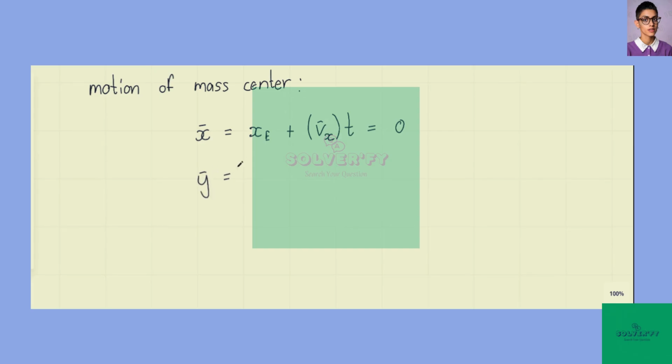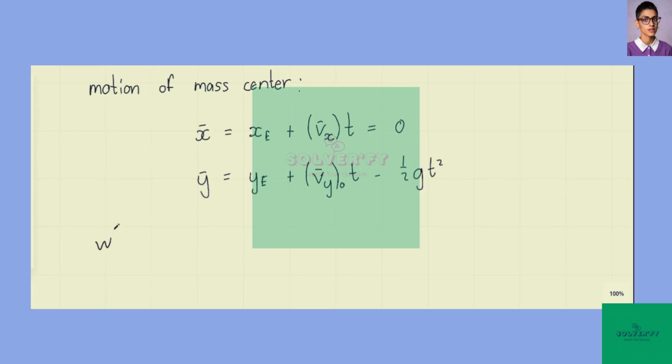The y-coordinate of the mass center is equal to ye plus the initial velocity of the mass center multiplied by t, minus a half g t squared, that term that is due to the acceleration due to gravity.